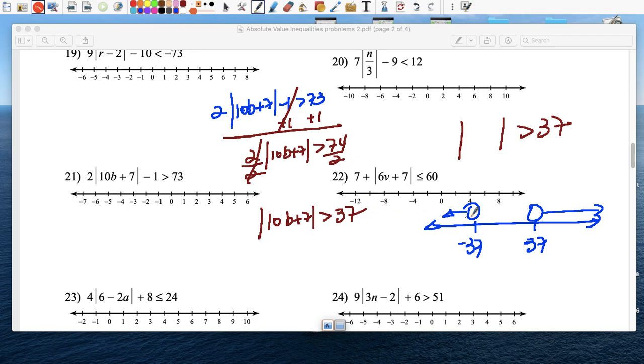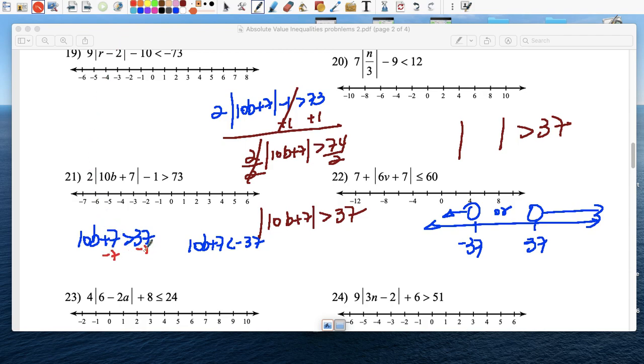So this is an OR problem. So we know now that 10b plus 7 has to be greater than 37, right? Because whatever you multiply by 10 and then add 7 has to equal a number greater than 37, or 10b plus 7 has to be less than negative 37. Those are your 2 conditions.